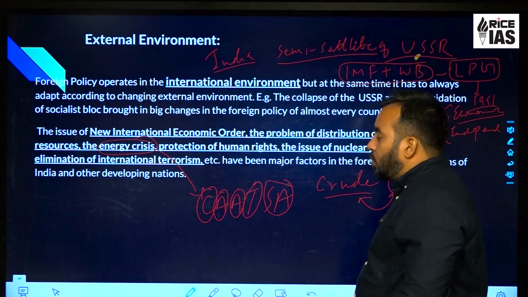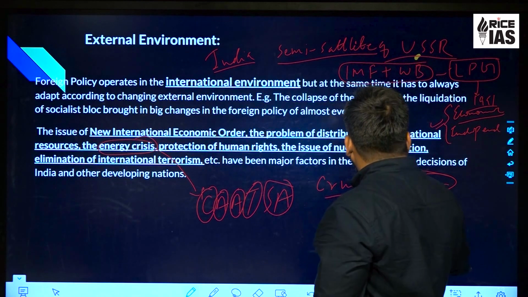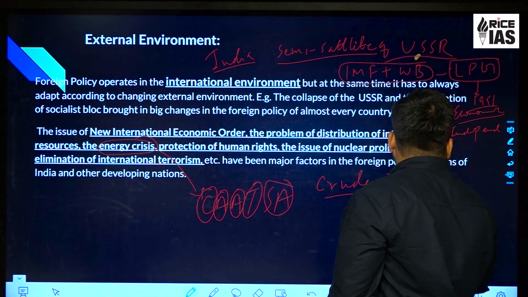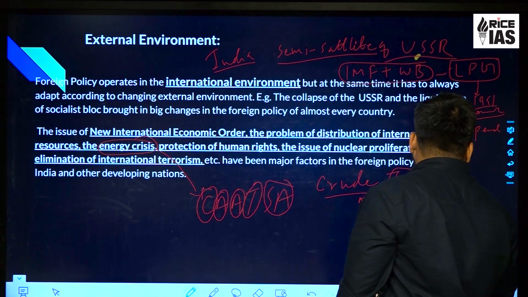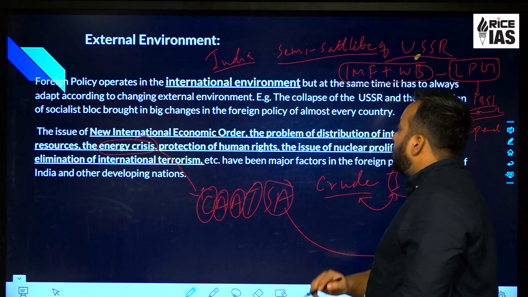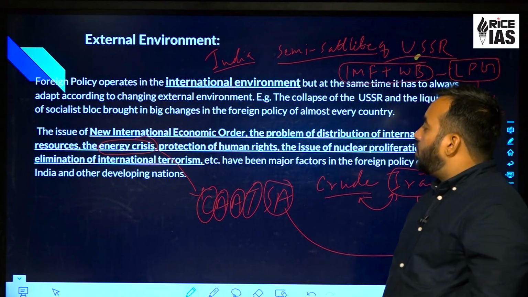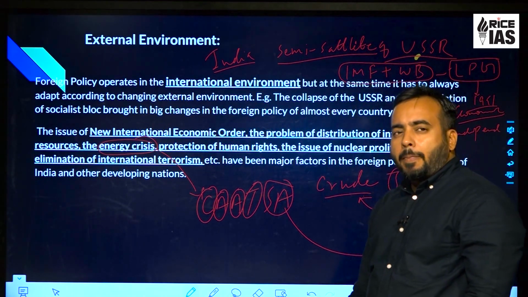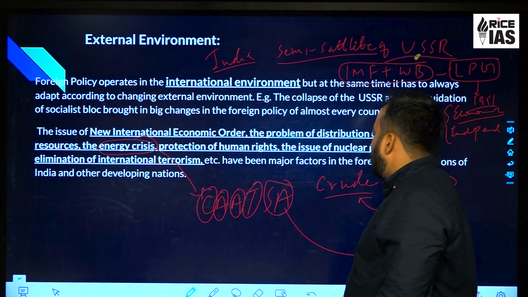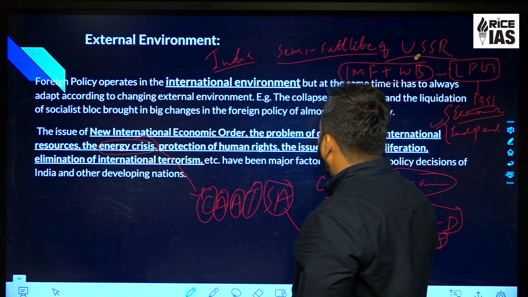But India had to stop taking crude oil from Iran on a 15-day notice, or warning, from the USA, as per this CAATSA. So when the external environment changes, India has to adapt to the changing environment.